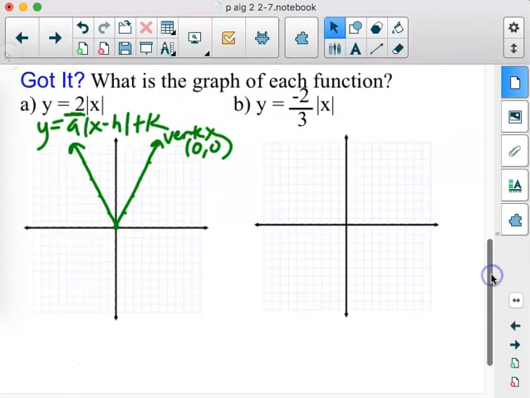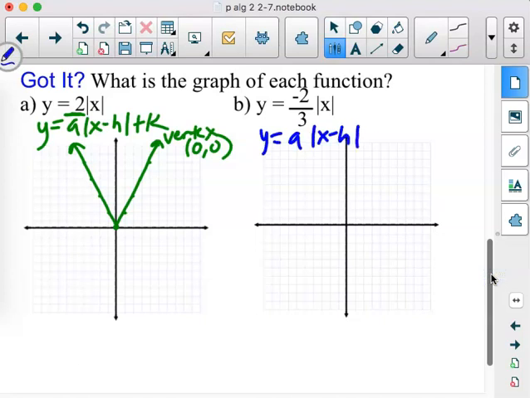All right, this little hammer. Has the vertex been moved from 0, 0? No, there's no number in there with the x. There's no number hanging on back. The vertex is still 0, 0. Is there a new slope?